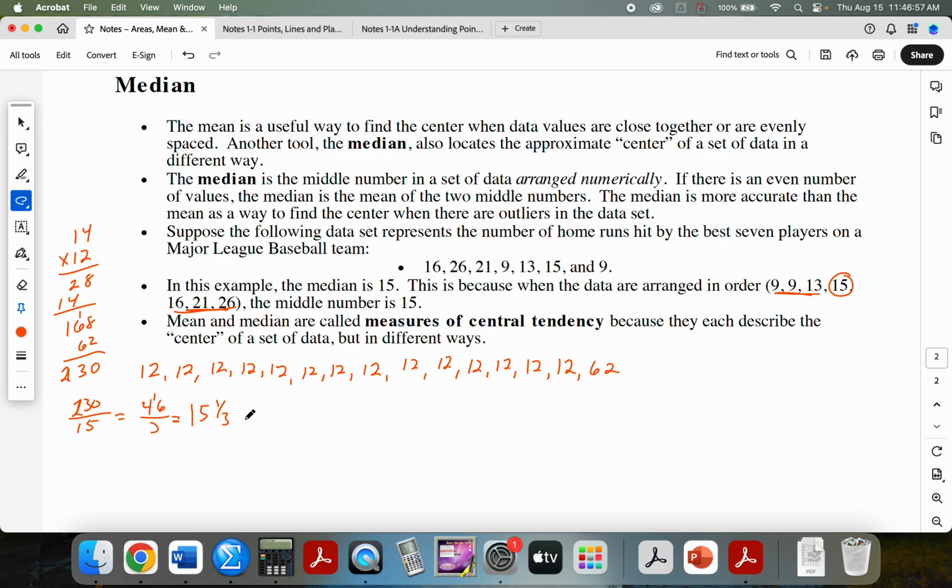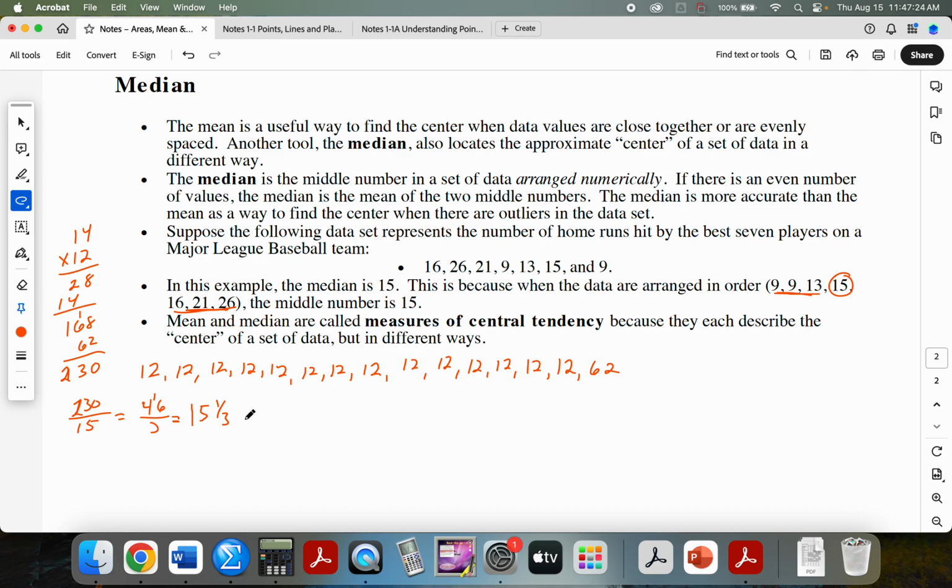So by having an outlier, it skews the mean. It pulls the mean in the direction of the outlier. So there are times when you're going to want to know what the mean is, and there are times when you're going to want to know what is the median.